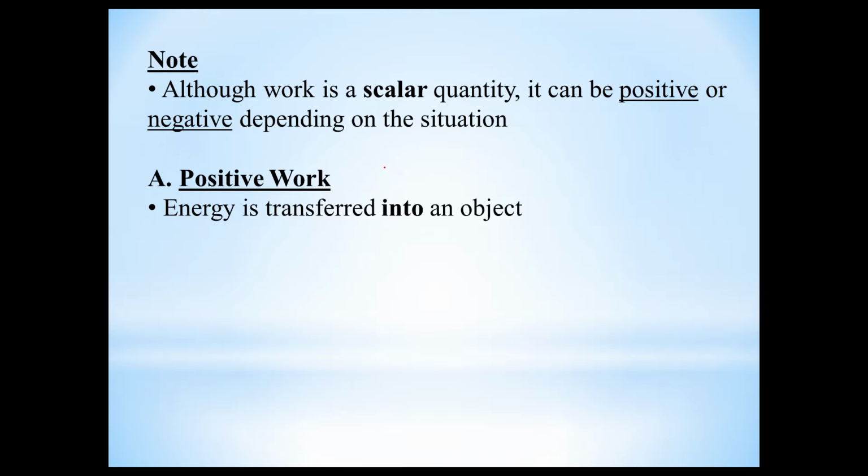The question really is, to get positive work, so here's my work equation: W is equal to F times d times cosine of theta. What values of theta will actually give me a positive value for cosine of theta? You need to know a little bit about your unit circle to identify this, but basically cosine of theta is a positive number up to 90 degrees, but not including 90 degrees.